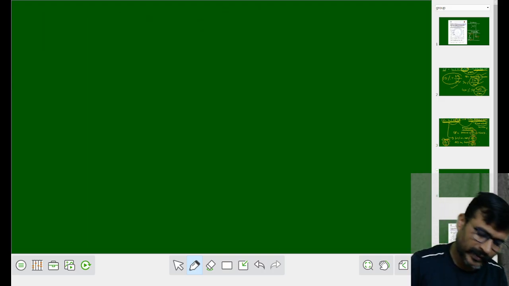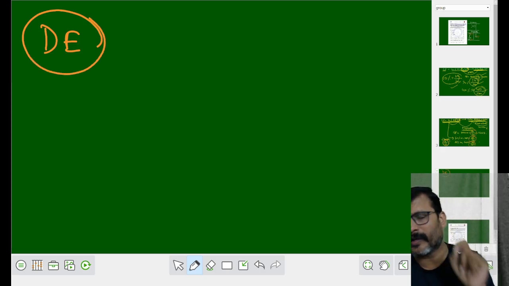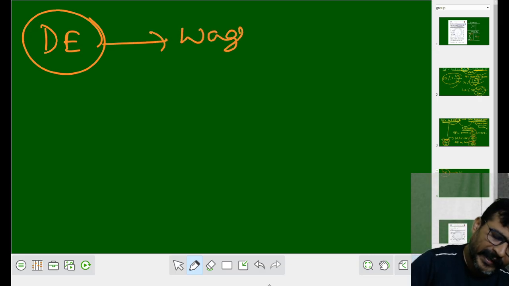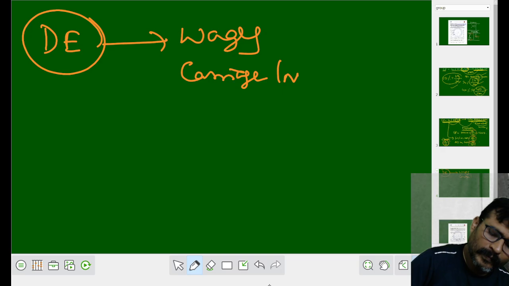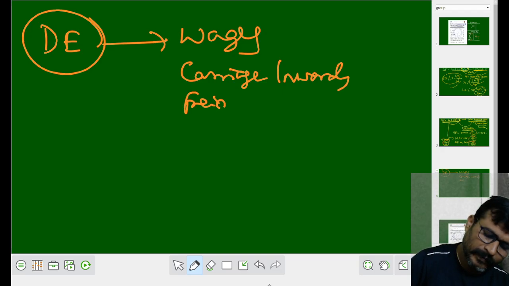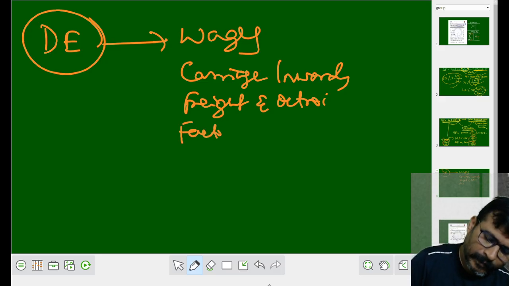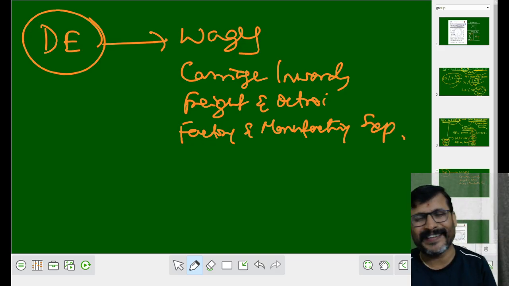Then I tell you the third one. What are the contents of direct expenses? Please make a note of it. Wages is a direct expense. Carriage inwards is a direct expense. Freight and octroi is a direct expense. Factory and manufacturing expenses is a direct expense.